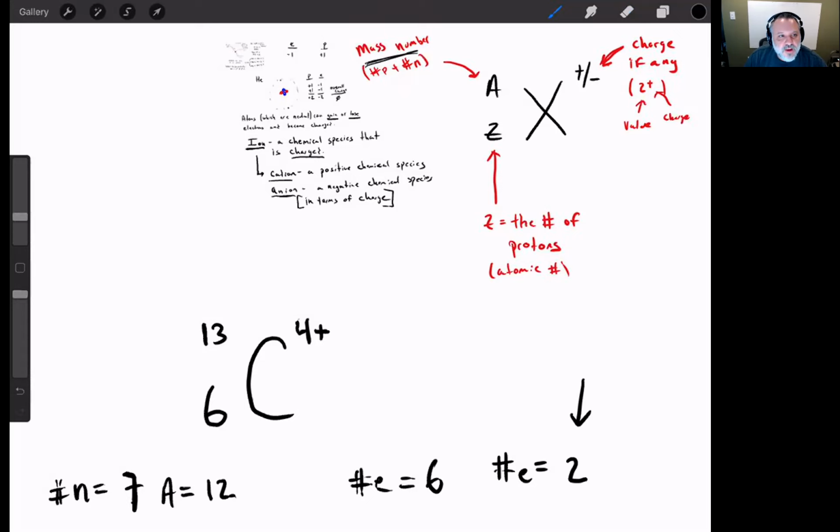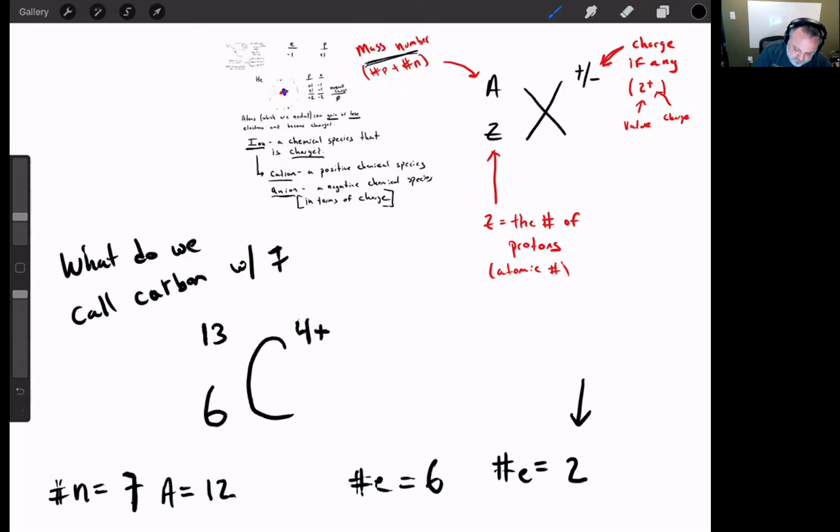Okay, are you really ready for the real trick question? What do we call carbon with 7 protons?